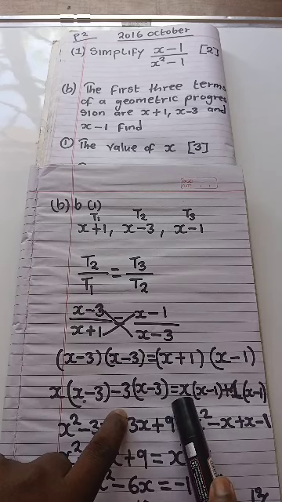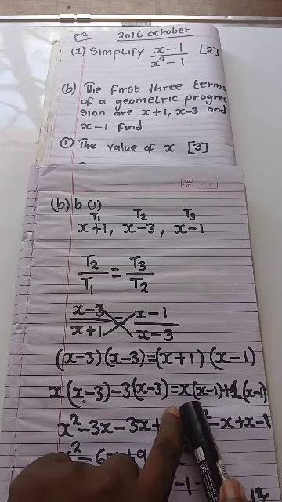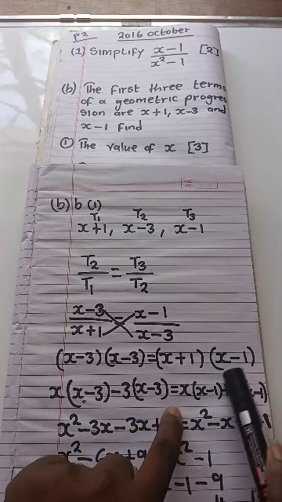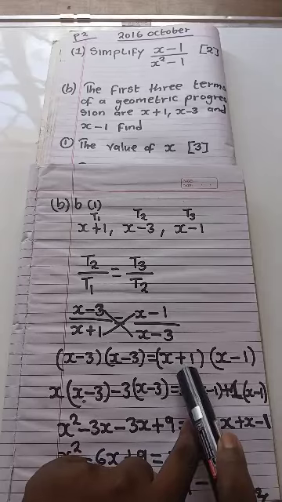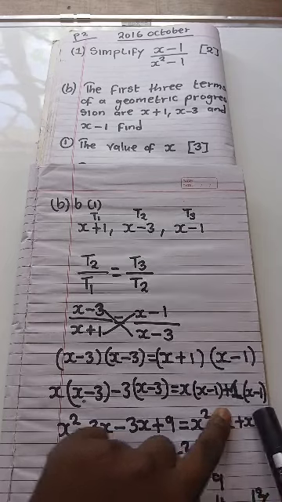Equals. You get this x, you bring it outside, you multiply by this one, plus 1, which is this one. Open, you multiply again by this one.